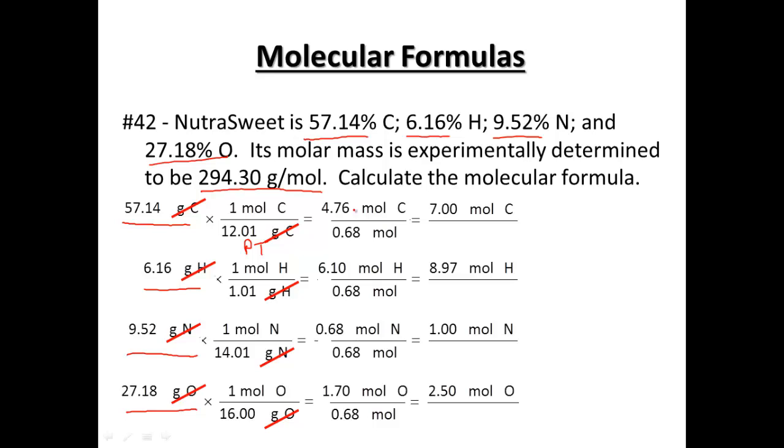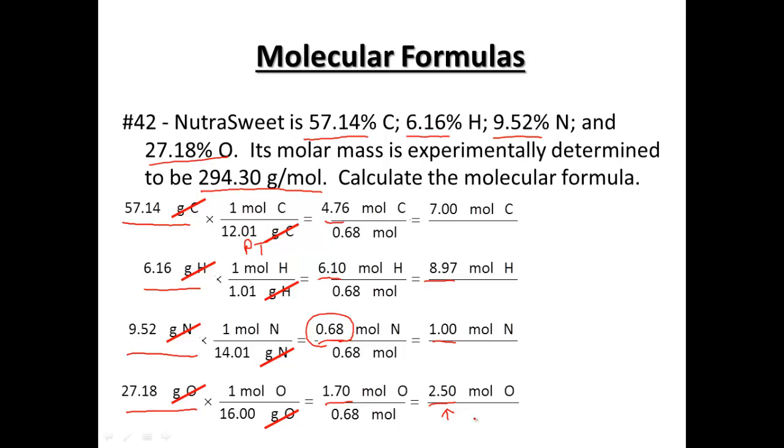And we're now left with our moles of each one: 4.6, 6.1, 0.68, 7.1. Divide by the lowest mole number, which happens to be 0.68. So if we divide each one by 0.68, we end up with 7, 8.97, 1, and 2.5.